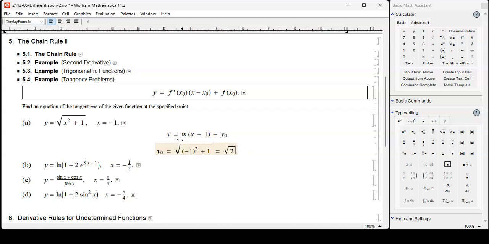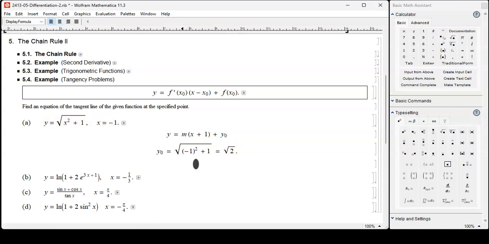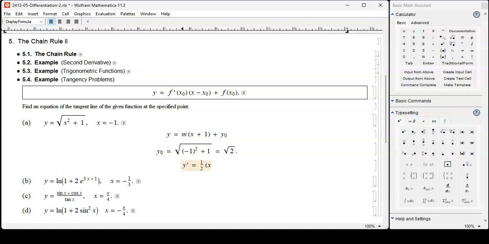The slope of the tangent line is the derivative evaluated at x equal to -1. So let's calculate the derivative. Y prime, what is it? Remember, it's a chain rule problem. We already did it. 1/2 comes out, the inside never changes, then we subtract 1 from the power, and we have to multiply by the derivative of the inside. So what do you get?